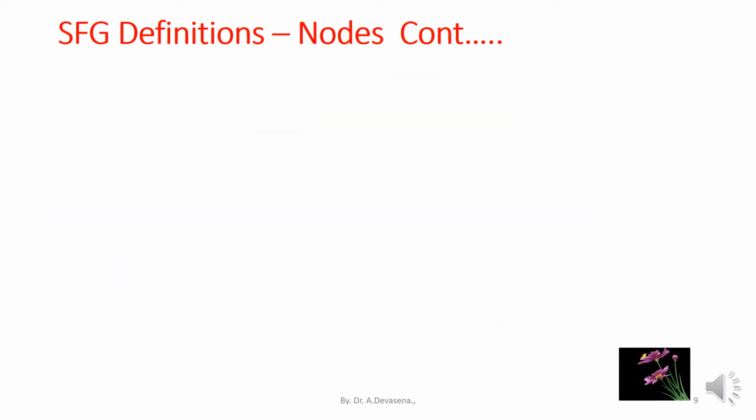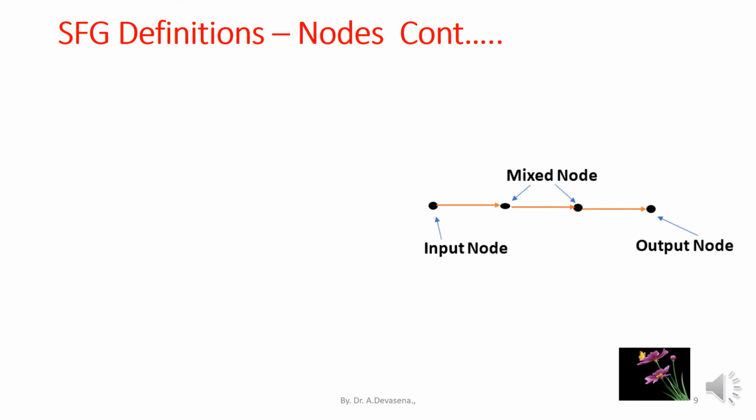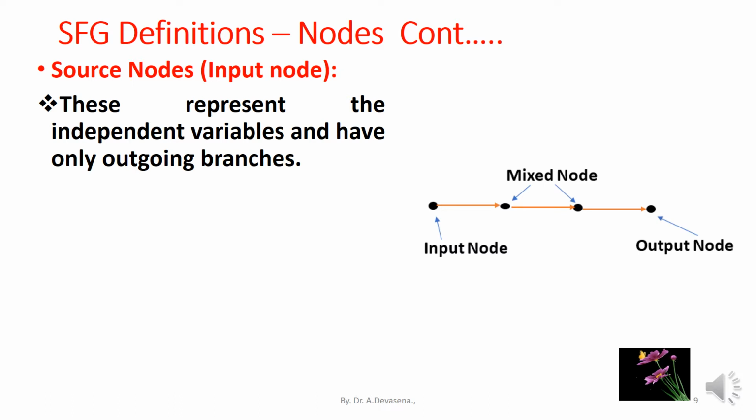Definition for nodes continued. Here is a representation of an input node, output node and mixed node. Source nodes or input nodes represent the independent variables and have only outgoing branches.